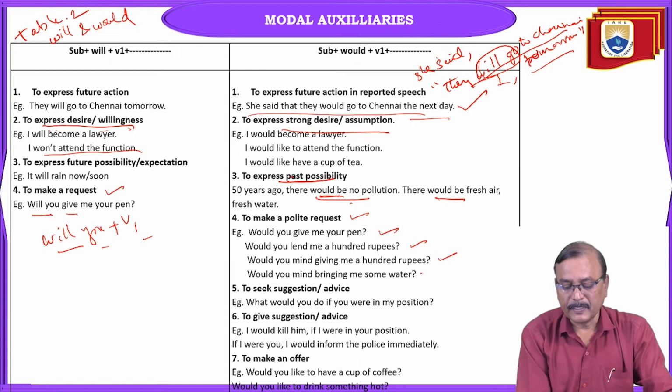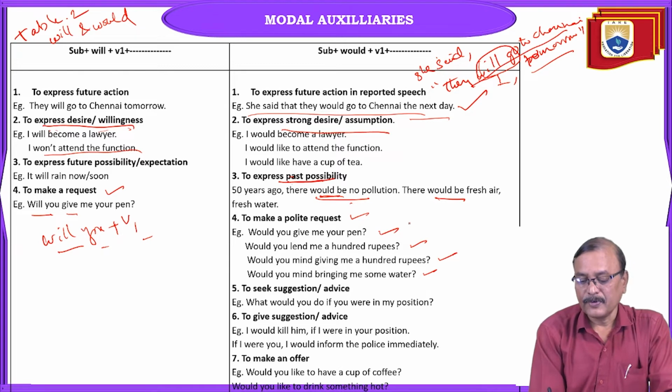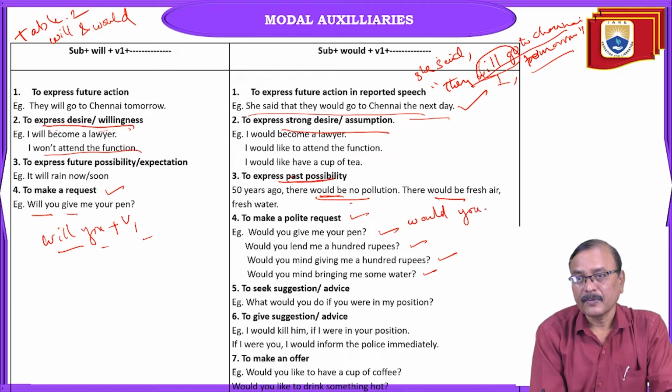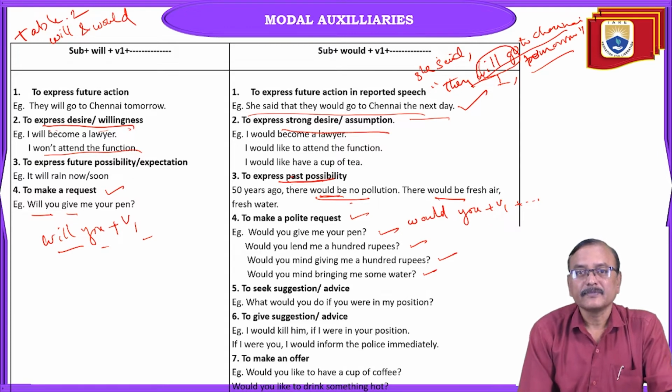Would you mind bringing me some water? So what is the structure? Would you plus V1 form. Would you give me your pen? Would you lend me 100 rupees? Would you lend? Would you bring? Would you show? Is it clear?